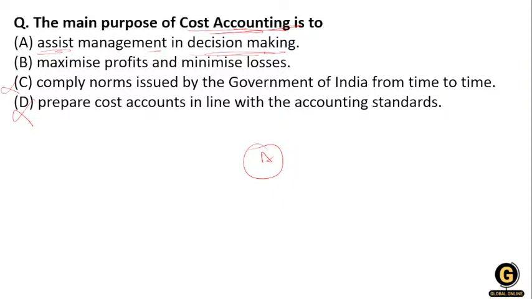When we prepare cost accounting, it helps the management to take decisions about the cost of the product, about the overheads, about the interest we have paid, about the taxes to pay to the government. So these are all the factors that are helpful to the management in taking decisions with the help of cost accounting.